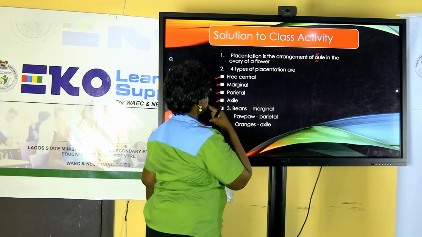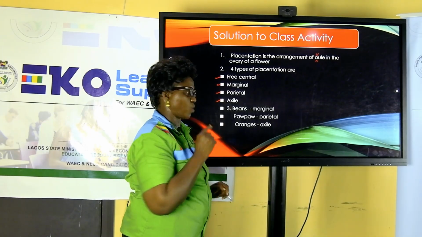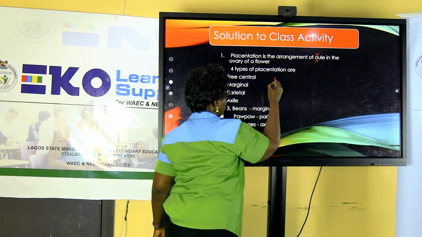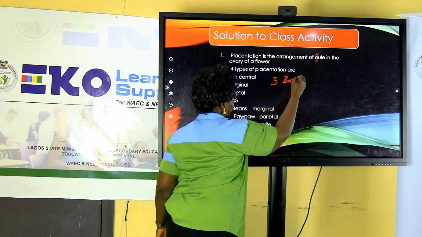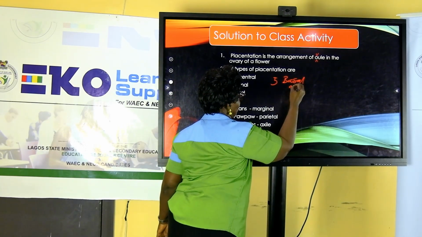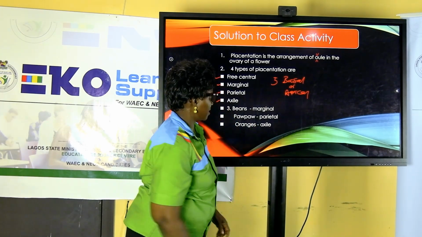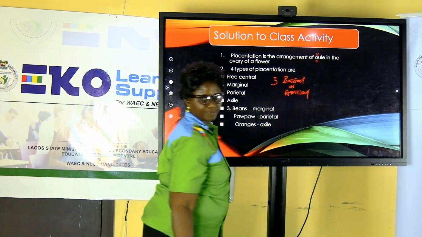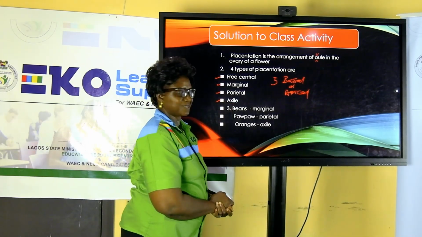All right, we have gotten the 4 types, and I wanted to write the 5th one. And the 5th one, which is not stated here, is basal placentation, or you call it apical. All right? How many of you scored everything? Wow, that is a good one.